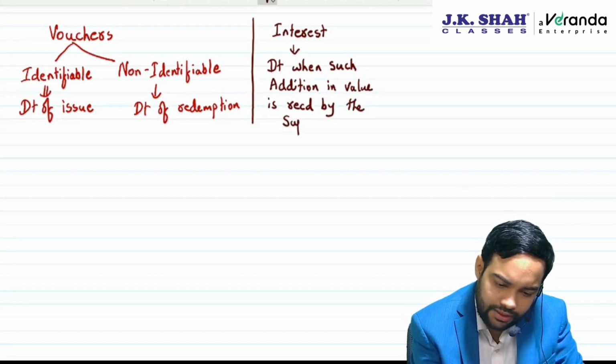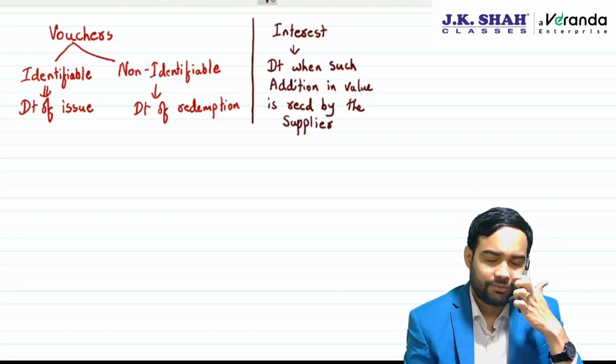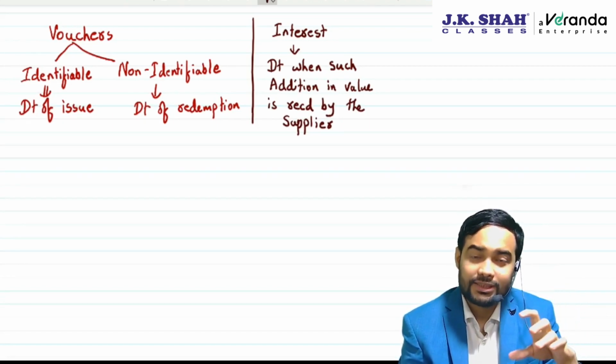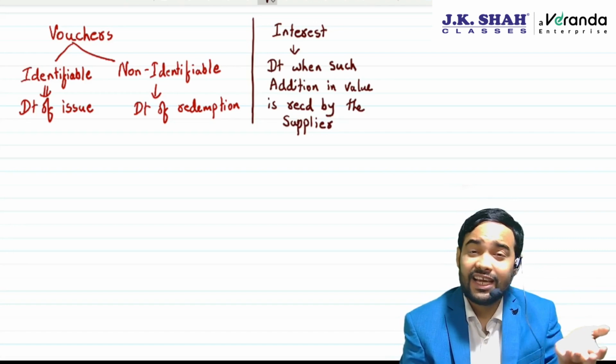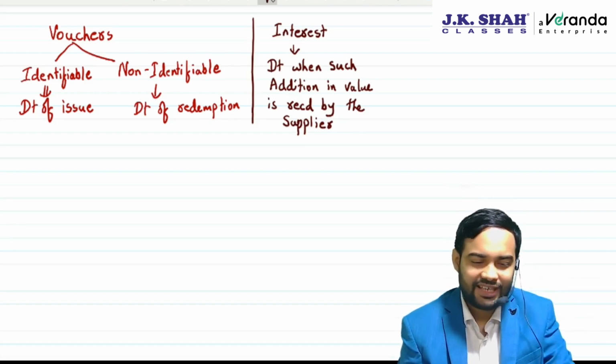The moment it is received by the supplier, that will be the time of supply, because interest on delayed payment of consideration for a taxable supply is liable to GST. If the underlying supply is taxable, then the interest on that will also be taxable.